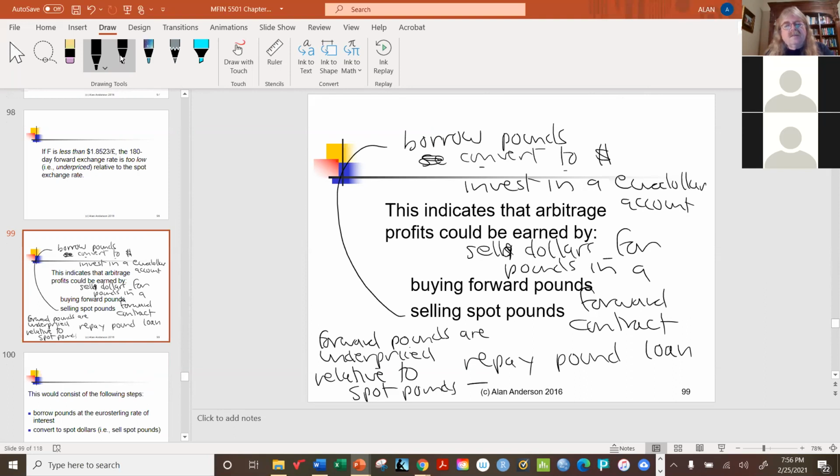So your strategy is to sell spot pounds and buy forward. And that's exactly what this strategy does.